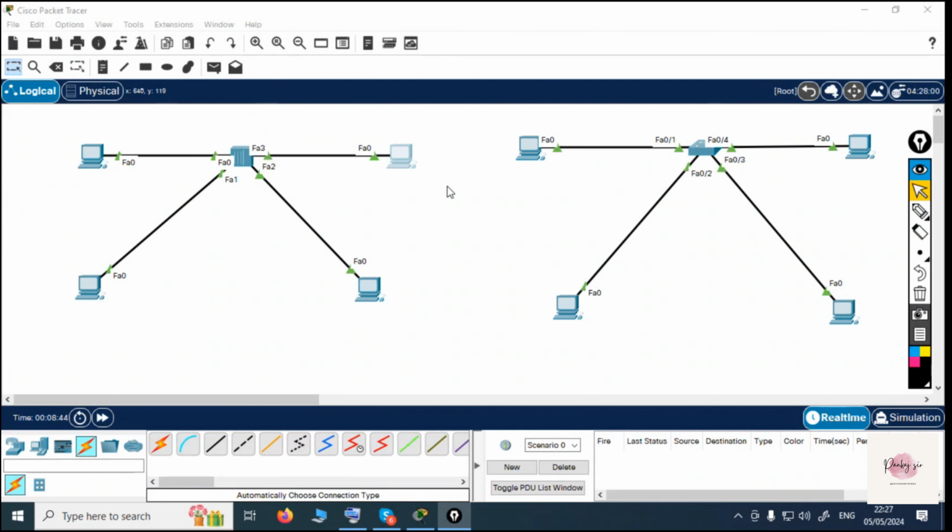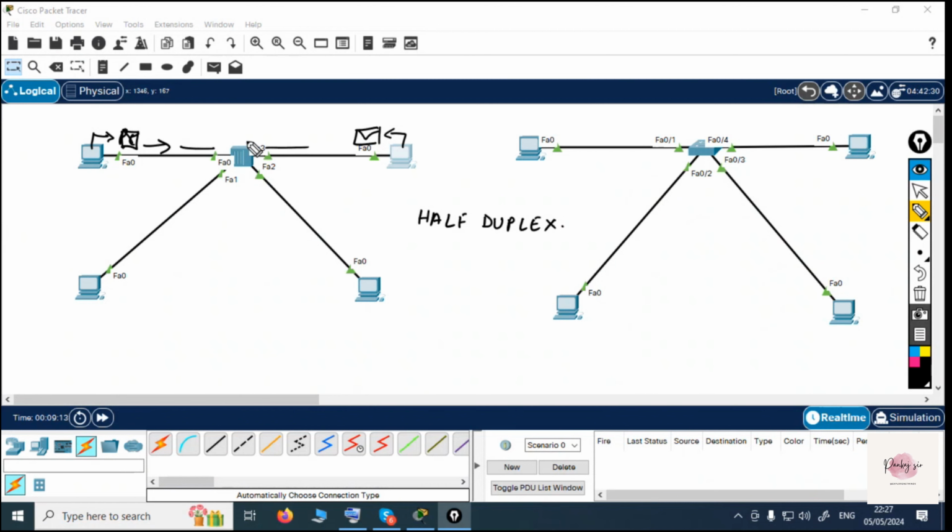So what happens since it is half duplex? Hub is a half duplex. So if two PCs, let's suppose this is sending data and this PC also sends data at the same time, what will happen?